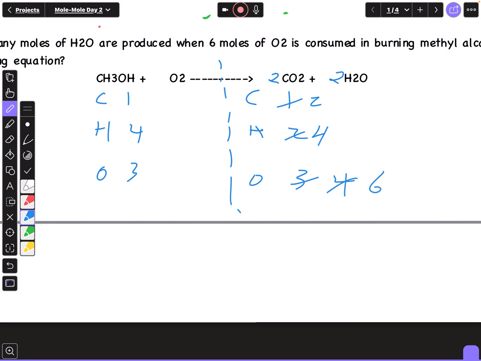If I balance these over here now, and I put a 2 there and a 2 there, then that's going to make me have 8 hydrogens, and it's going to change the oxygens to a total of 4. That's not going to work. So let me try something else.